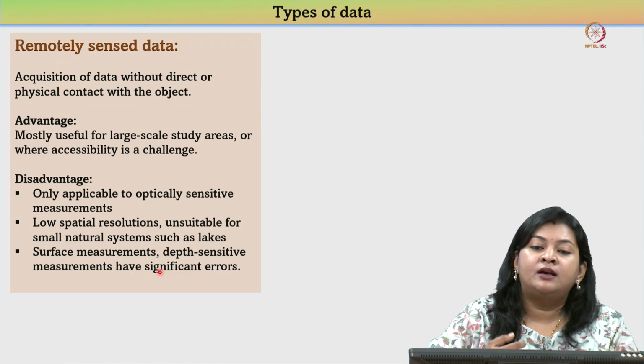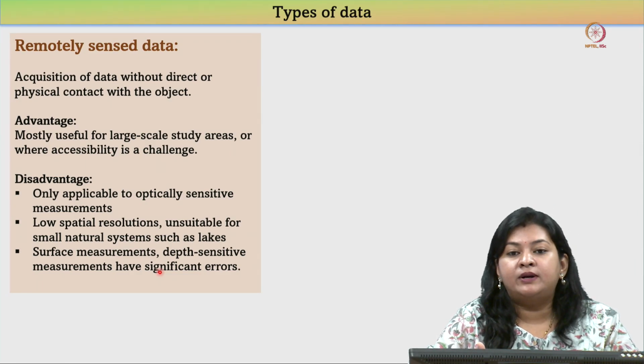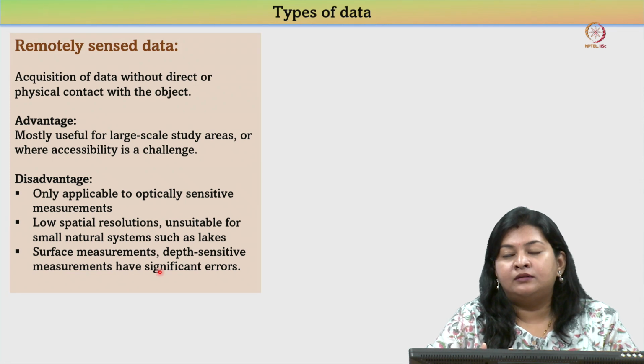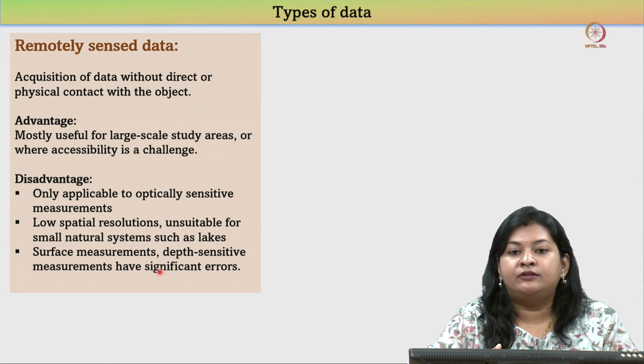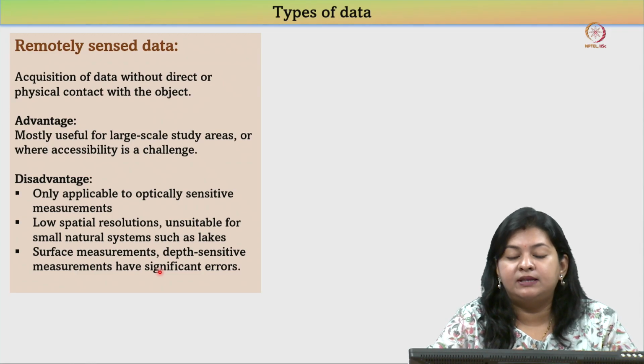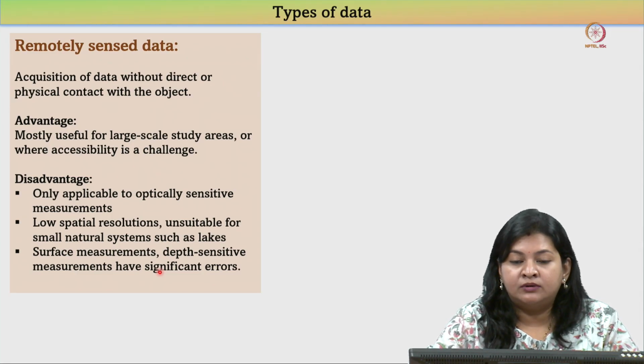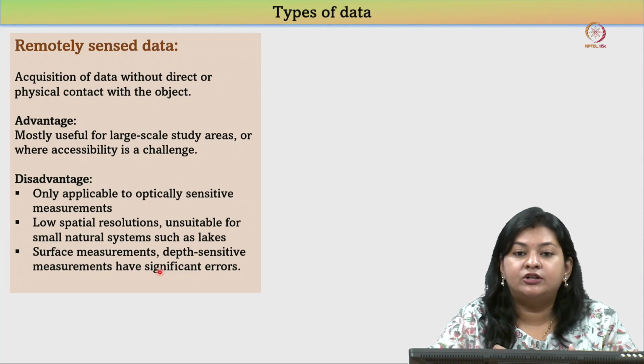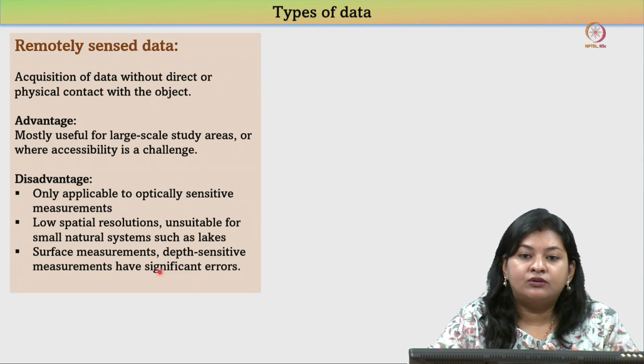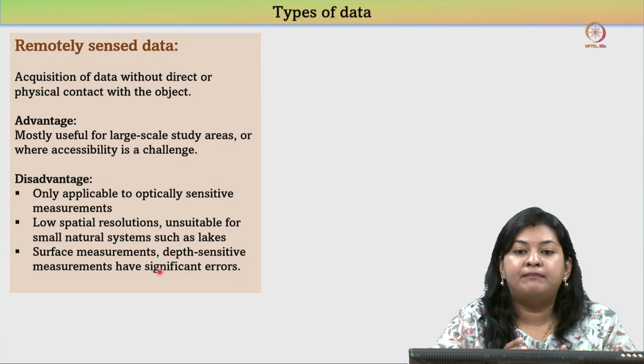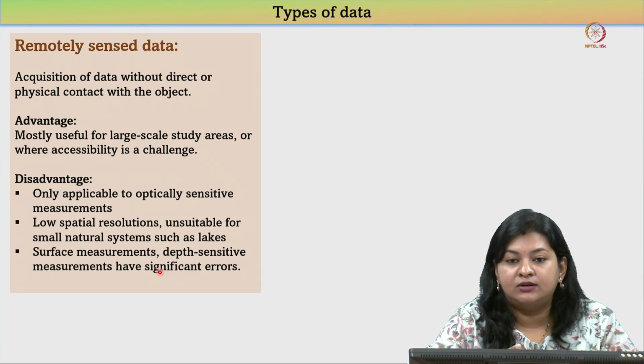Now, the biggest advantage of remotely sensed data is that we can cover huge areas with minimum physical effort. Generally, in ground-based studies where there is a lot of field work involved, we are always hindered by logistical support. Logistical support means we have to provide manpower, accommodation, traveling, collection of water samples, then bringing them back to the lab, doing the analysis and all that.